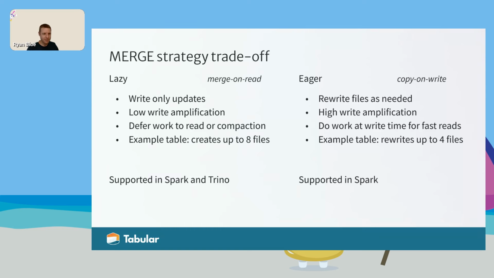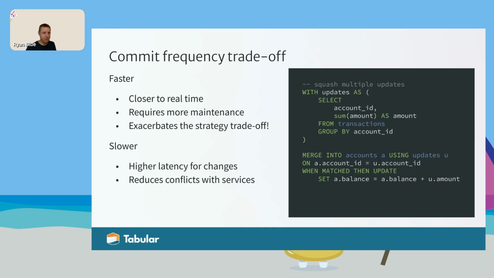But the thing that drives the amount of work here is not just the strategy. The strategy here is deferring work. Do we want to do work at write time? Do we want to do work at read time? Because reads are slower if you use the lazy strategy. But the total amount of work depends on how often you're committing batches to this table. So that's the commit frequency trade-off. If you commit more and more frequently, then you get closer and closer to real time in the source table.